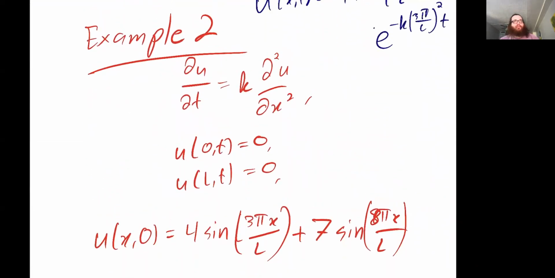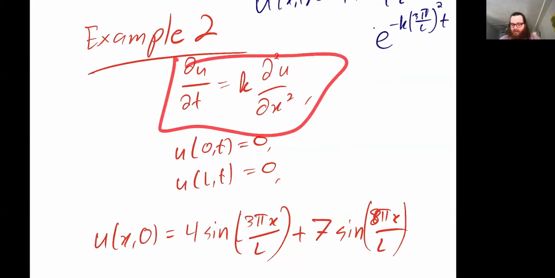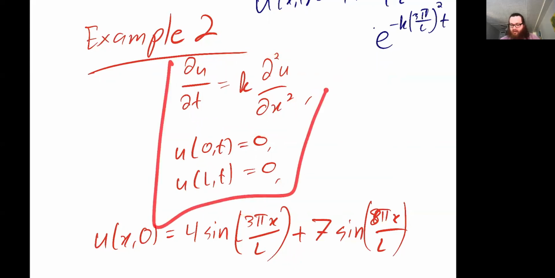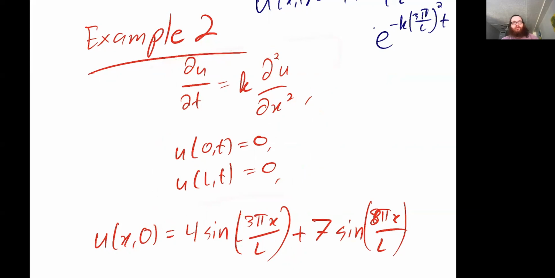So as another example, same PDE, same boundary condition. Together, these tell us that the solution we care about is going to take this product form. It's going to look like a product of two functions, where one is just in space and one is just in time.